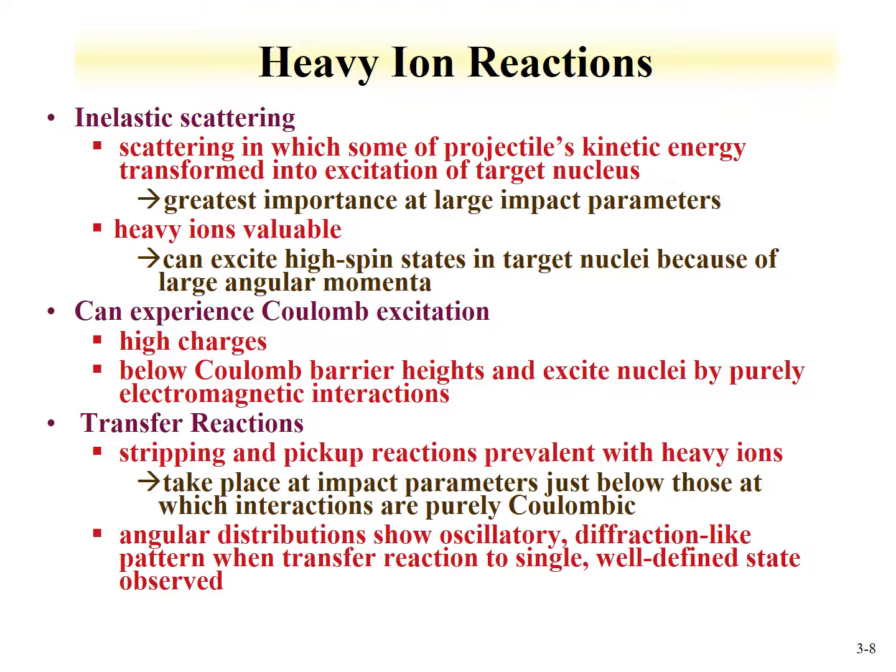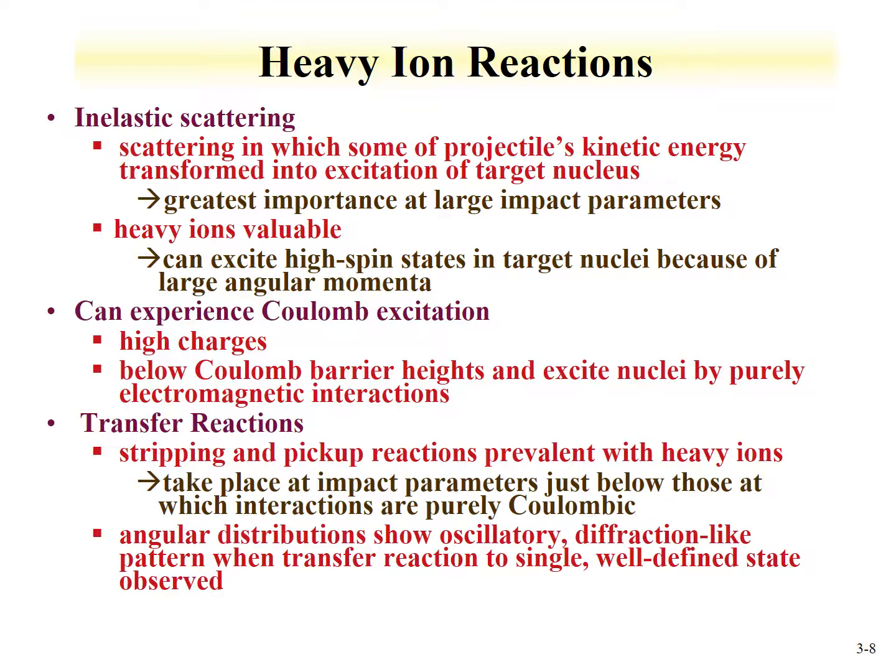You can also have transfer reactions where part of the projectile is taken up by the target. So if you have, think again, oxygen-18, you can perhaps just strip or pick up a few neutrons from the projectile to the target.